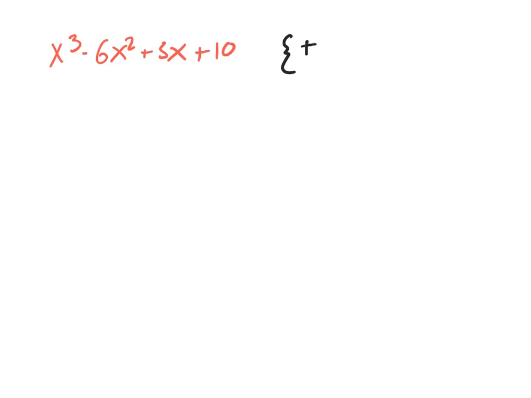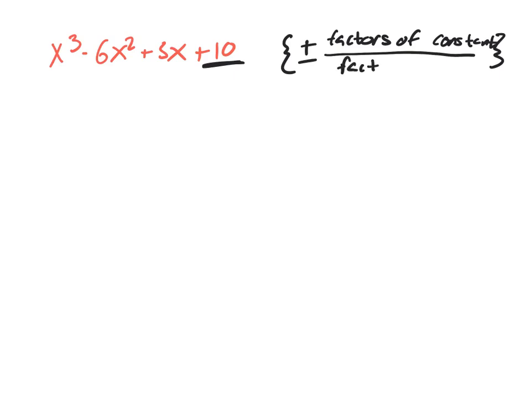They're all going to be of the form plus or minus factors of our constant, this last term here, 10, divided by factors of our leading coefficient.